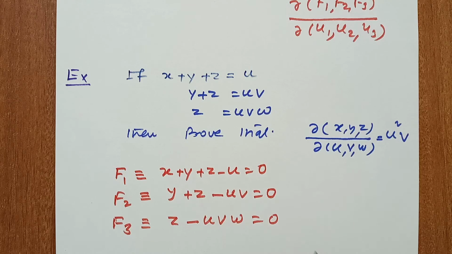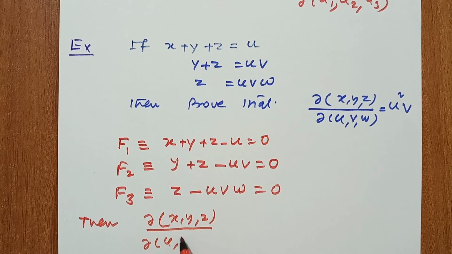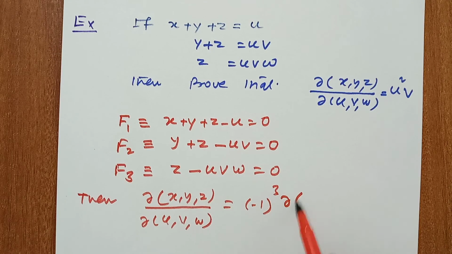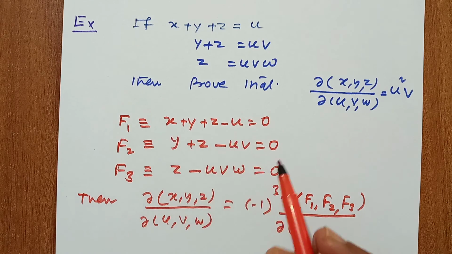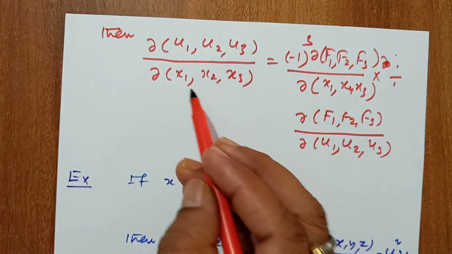Then by definition, ∂(x, y, z) upon ∂(u, v, w) is equal to (-1)^3 ∂(f1, f2, f3) upon ∂... Here in the definition we have used u1, u2, u3, x1, x2, x3.